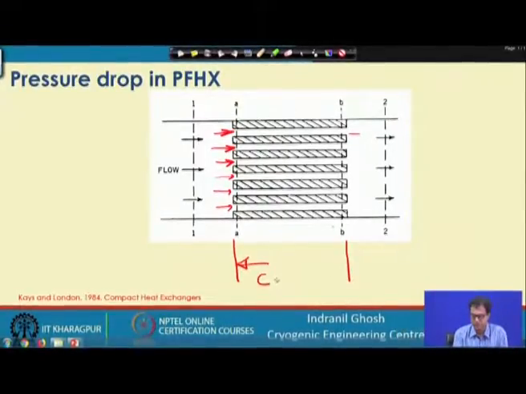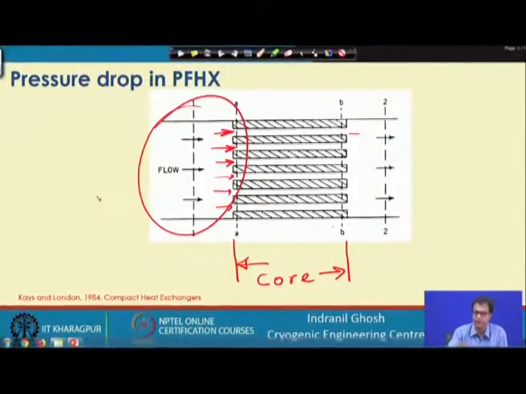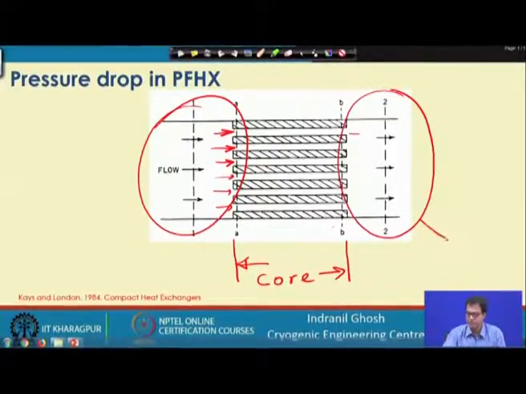So, this is the heat exchanger core, and we have the entry region, which is the header, and this is the exit region, where the fluid is moving out.